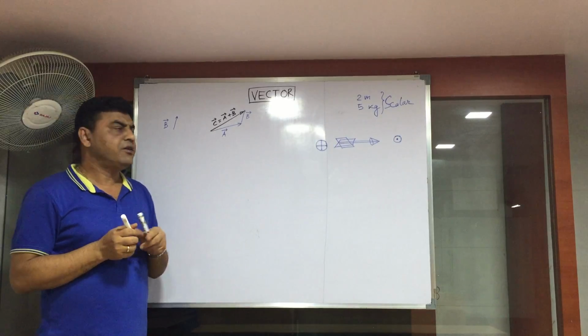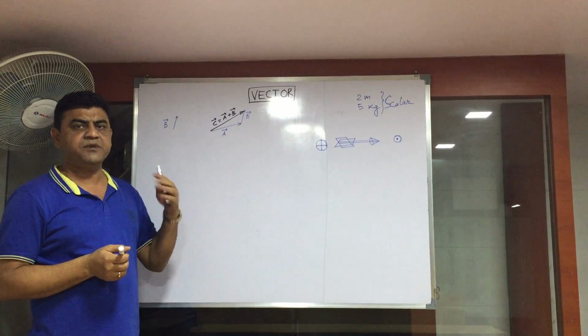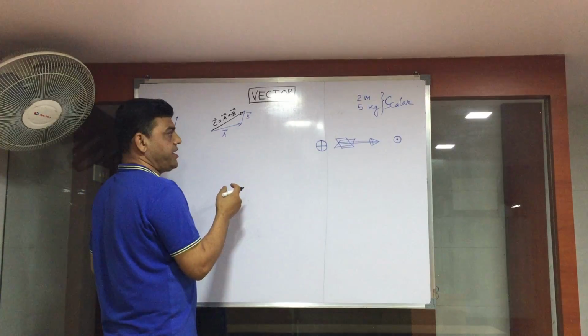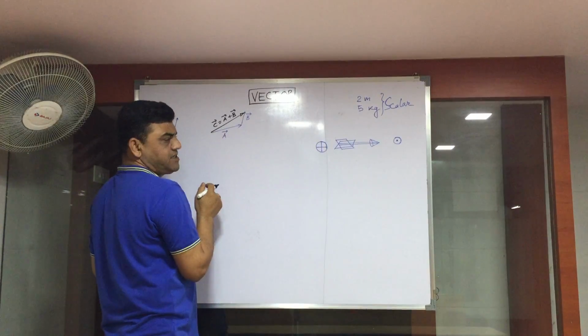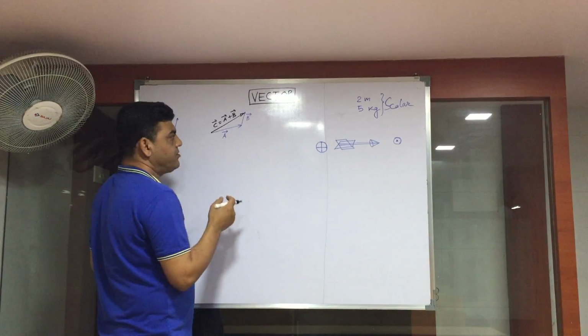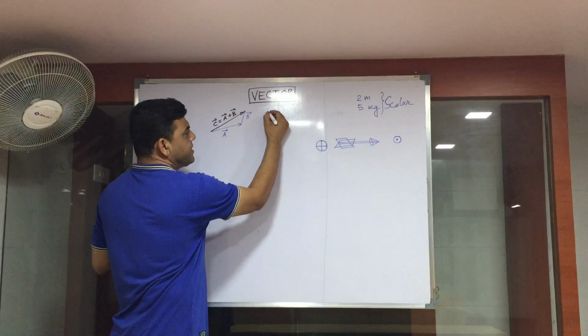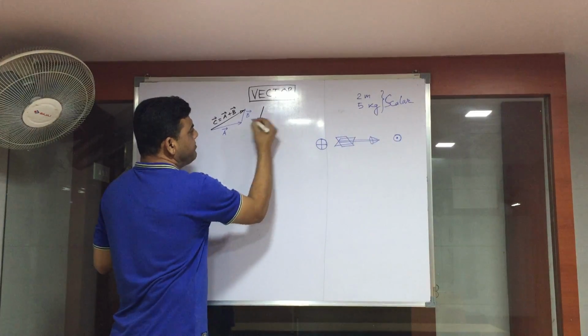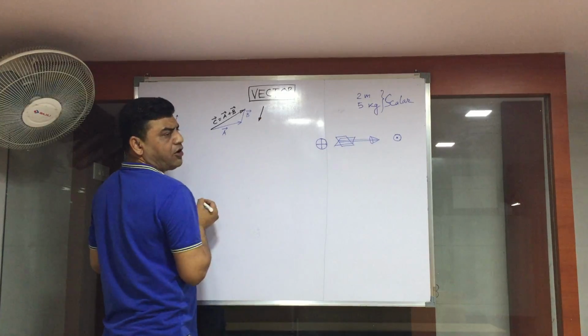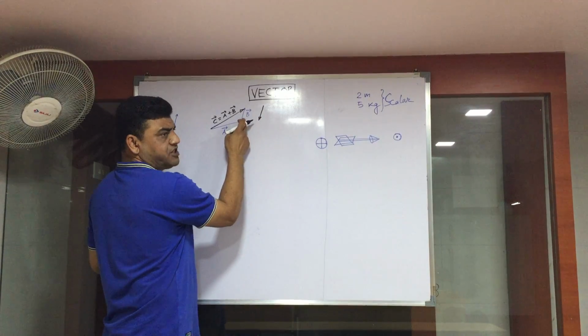If we want to subtract, that means if we want to consider a negative vector, suppose I take this vector B and I want to find its negative. What does that mean? It means it's exactly the same in length, but its direction is just opposite to the original B vector.